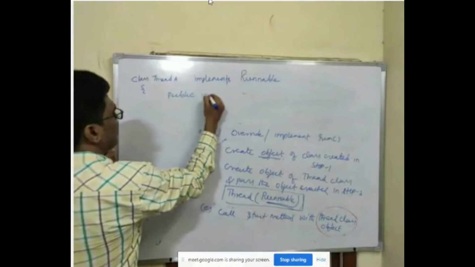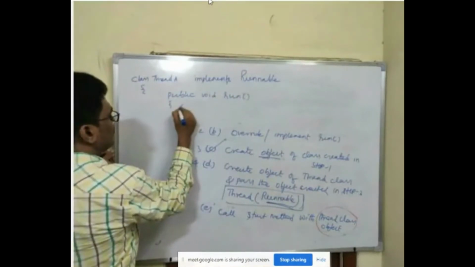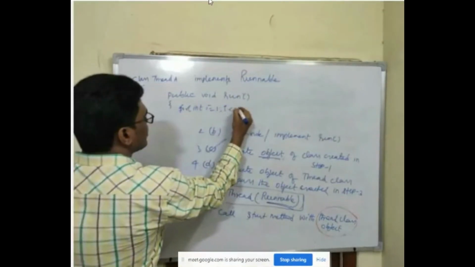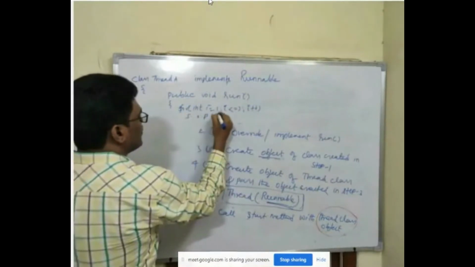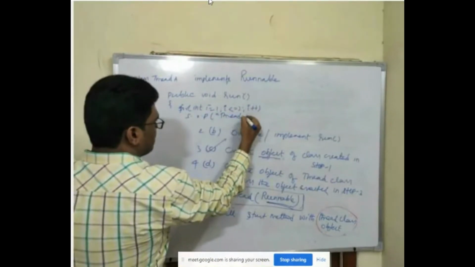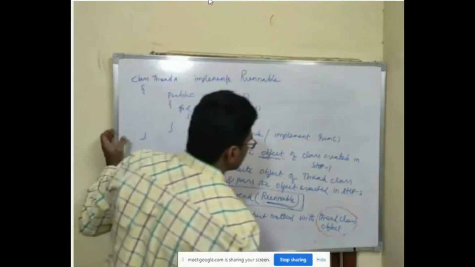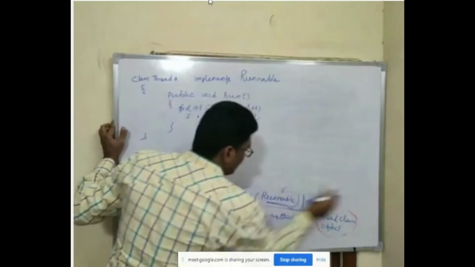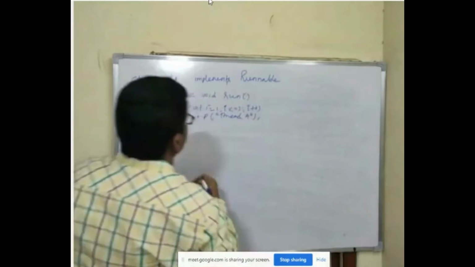I will write for int i = 1, i <= 3, i++, System.out.println("ThreadA"). I'll close it. That is my step 2. The only difference is here; the rest of the code is the same.